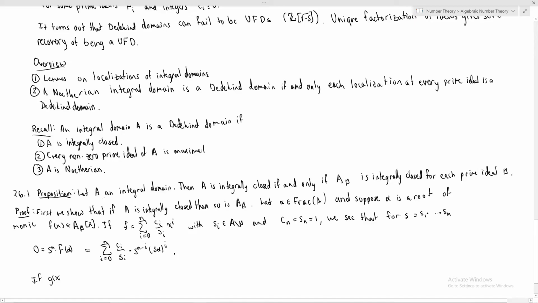Basically, from this I can cook up a monic polynomial in A with s alpha as a root.